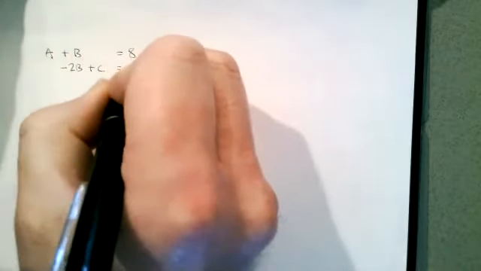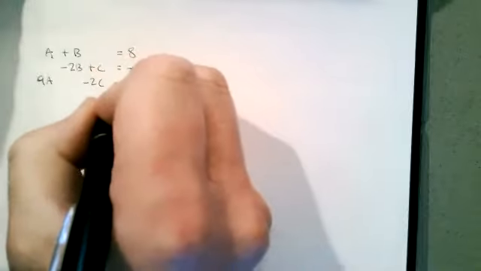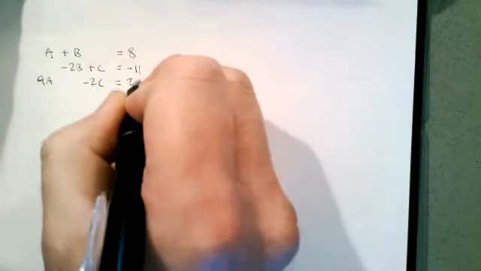Minus 2b plus c is equal to negative 11. And I've got 9a minus 2c is equal to 29.